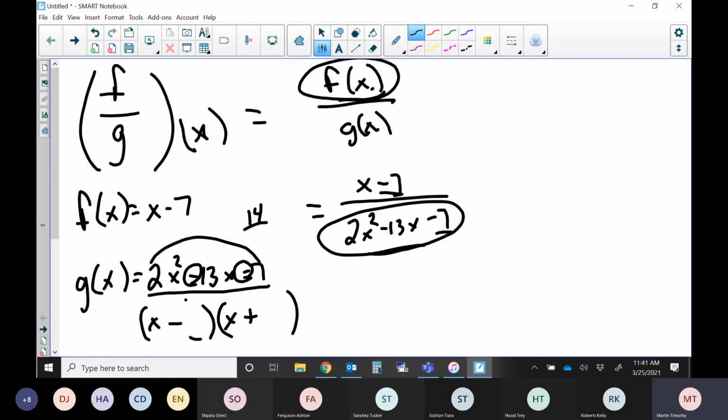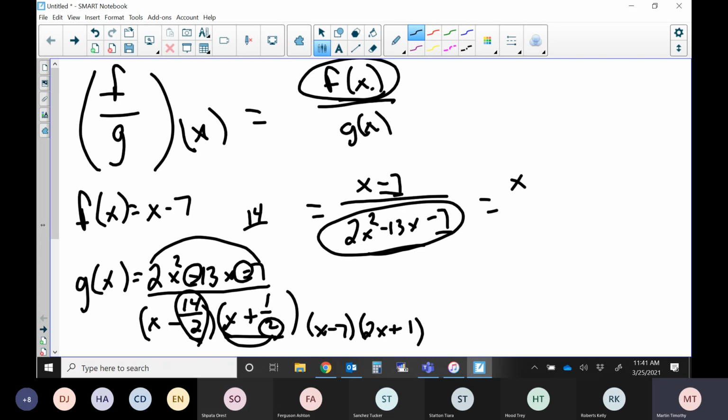The bigger one was 14, so I put the 14 up here, the 1 up here, and then you divide by 2 here, divide by 2 here. Since this simplifies, that turns into just x minus 7. And since this doesn't simplify, we pull the 2 in front, and so this becomes 2x plus 1.